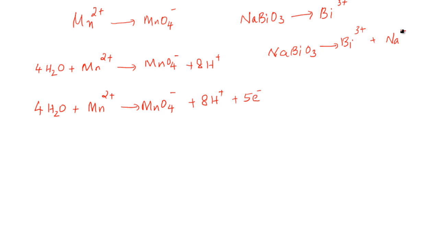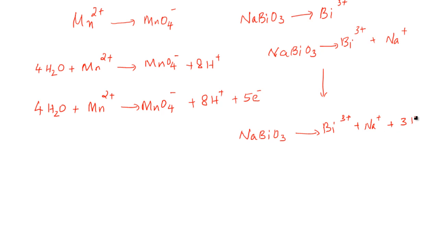Now let's look at the O3. O3 means, what do you need to do? I'm going to write that right here. NaBiO3 giving Bi3+ plus Na+ and 3H2O, right?